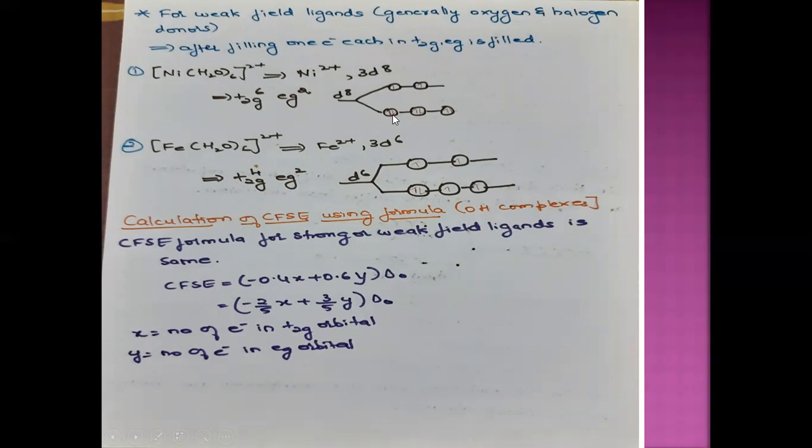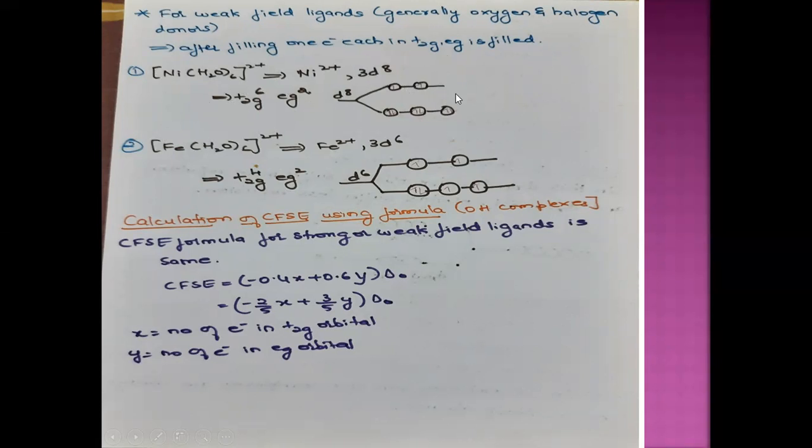Then come back and fill the 6th in T2G, 7th in T2G, 8th in T2G. So it will be T2G6, Eg2. It's not that the first 6 electrons are filled in T2G. It's not like that. 3 electrons, 2 electrons, then the 6th electron is again filled in T2G. So its electronic configuration is T2G6, Eg2.